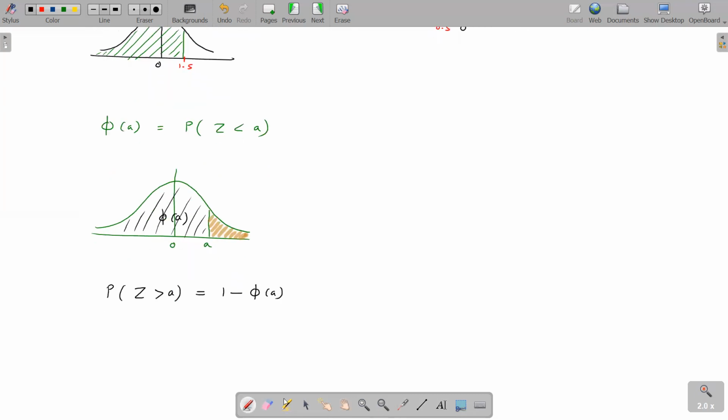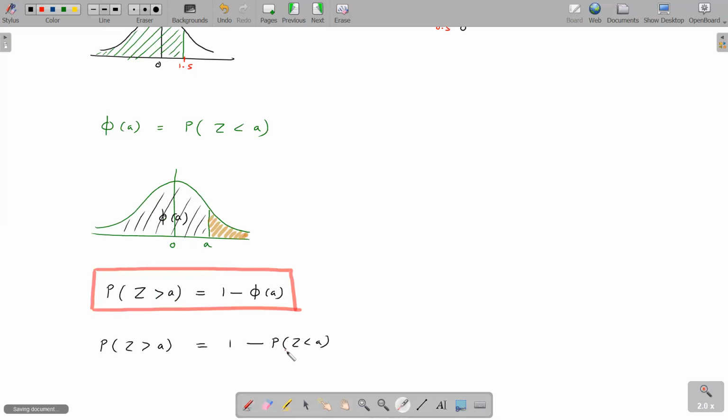So this conversion is actually very important. Remember, you can directly use this whenever we are doing some work. Let me emphasize this again. Probability Z is greater than A is equal to 1 minus probability Z is less than A, right guys? That's what it means.